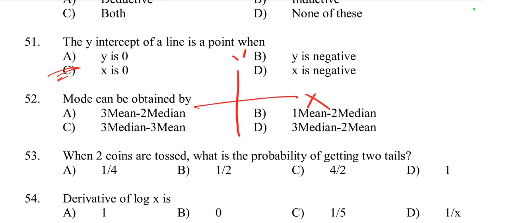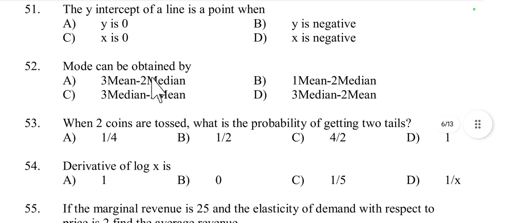This is the x-axis, this is the y-axis. So the y-intercept is where the line crosses the y-axis. At this point the value of x is 0. Then next question, question number 52.